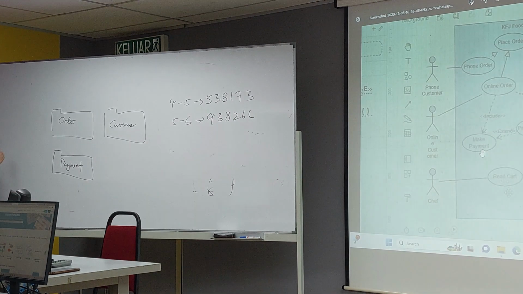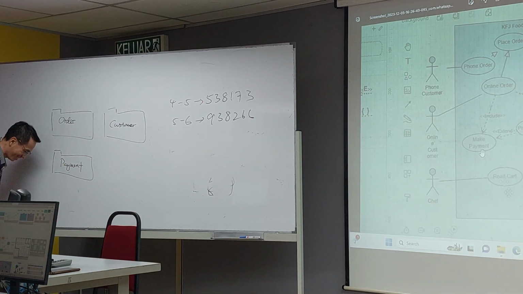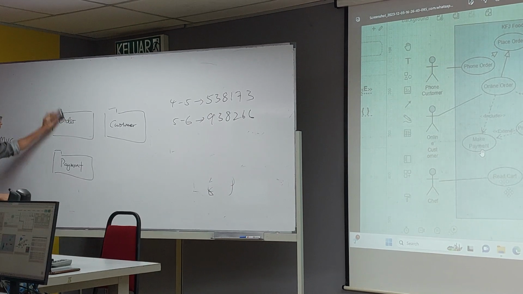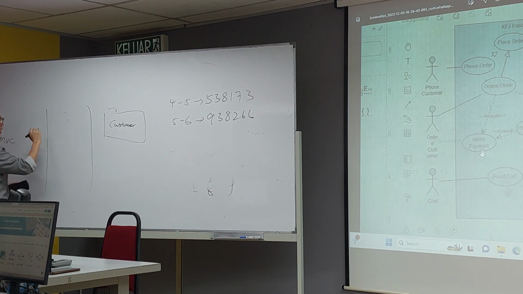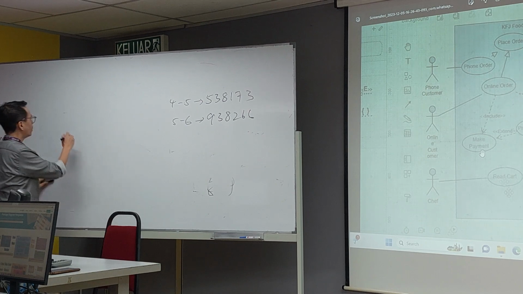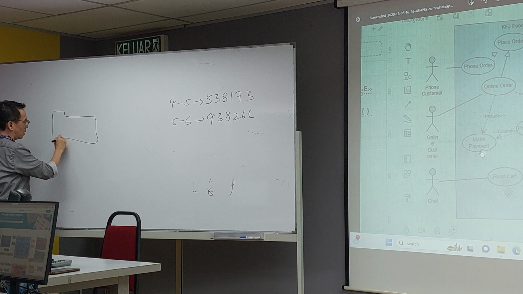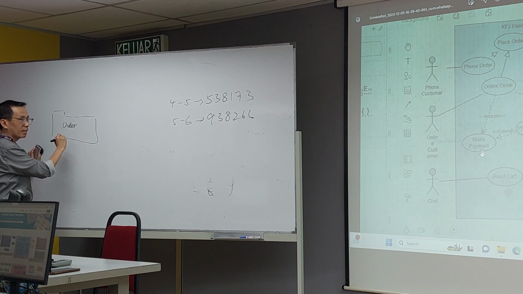Understand? Let's say if you are using MVC, the MVC model, if you know MVC here, then maybe you can have these packages. Maybe I put it as a vertical. Okay, so maybe let's say for example, order. How am I going to represent that in the MVC?